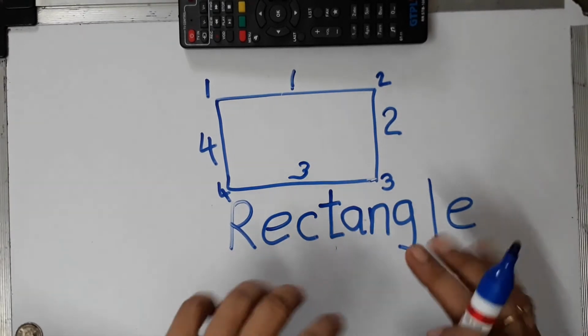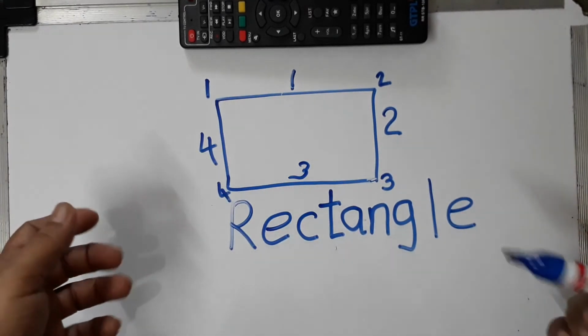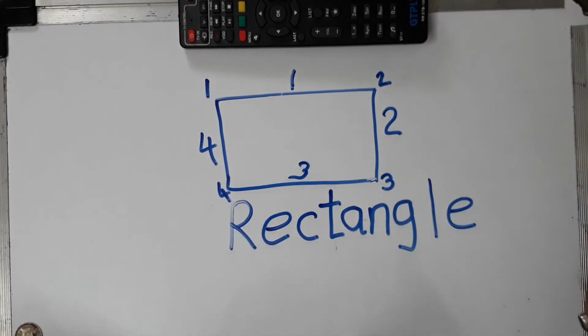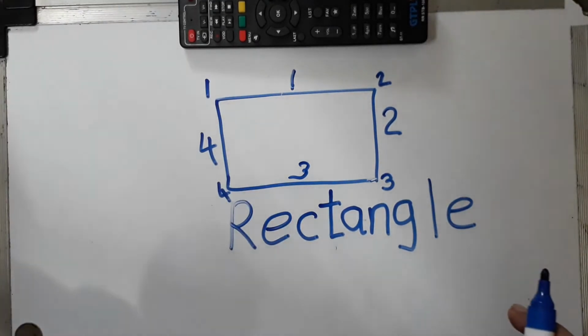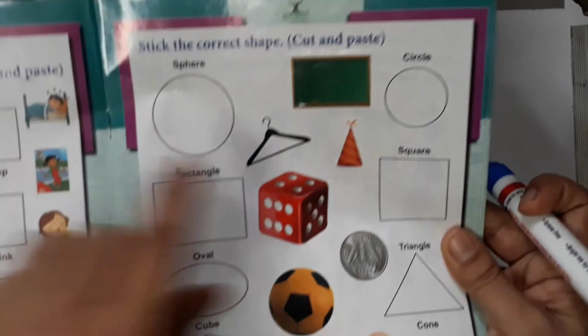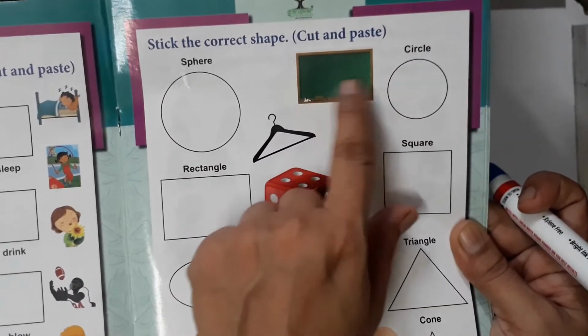Students, in our classroom, where you learn A, B, C, 1, 2, 3, everything the teacher writes down on the blackboard. Okay, our blackboard is also a rectangle shape. See, you can see in our textbook it is a blackboard, a green board.